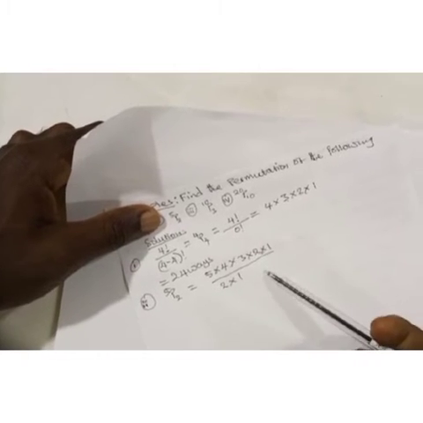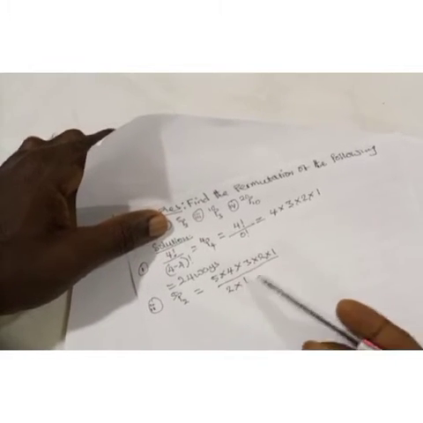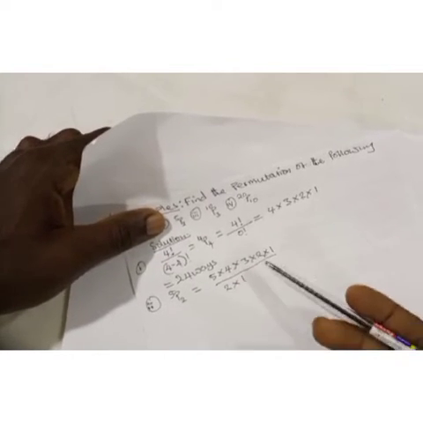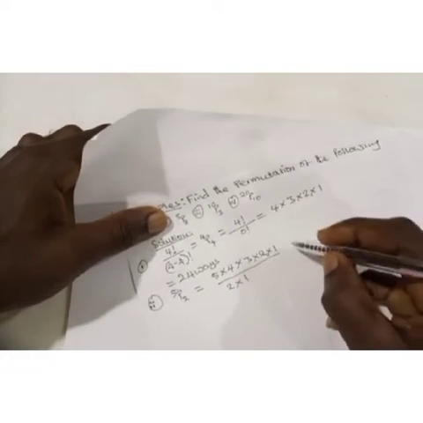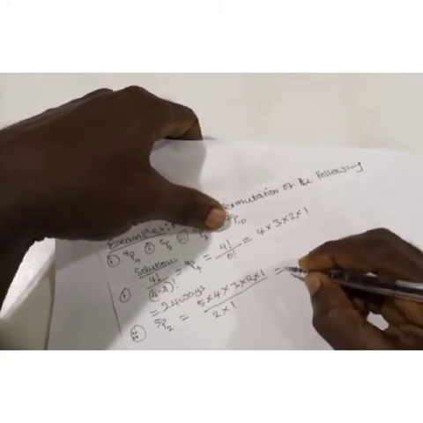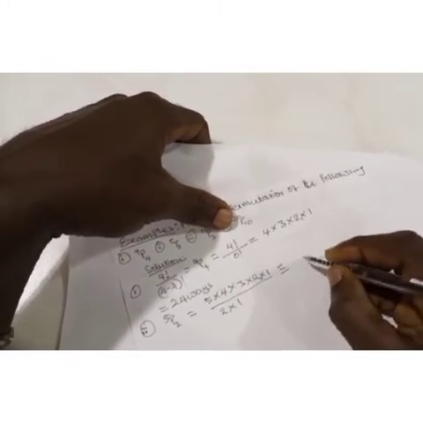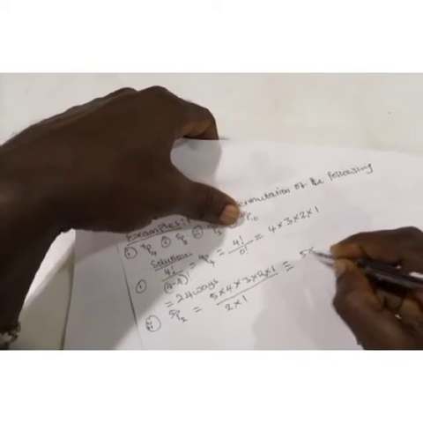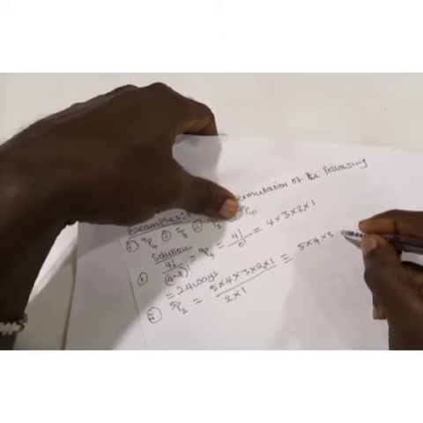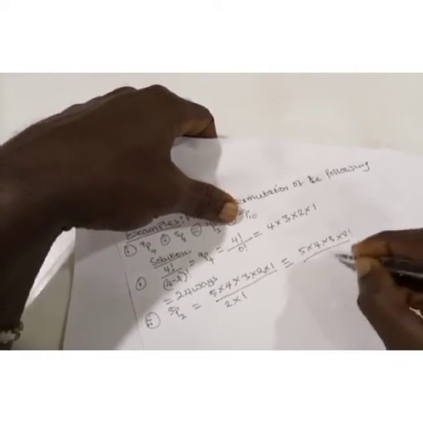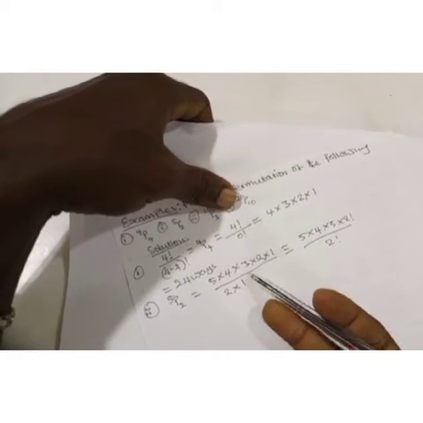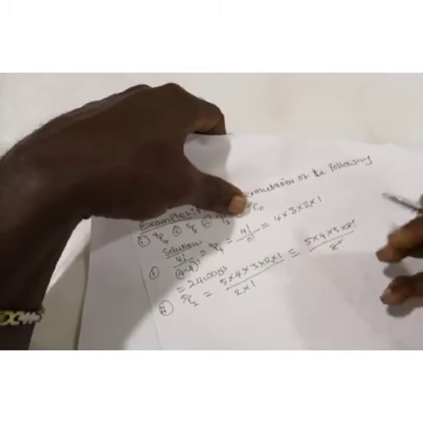Some people will prefer doing it this way. But me, I prefer saying this is equivalent to 5 times 4 times 3 times 2 factorial, so that the 2 factorial will cancel itself. If you do it this way, you get the same answer.